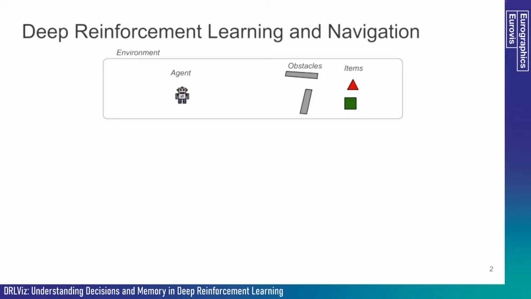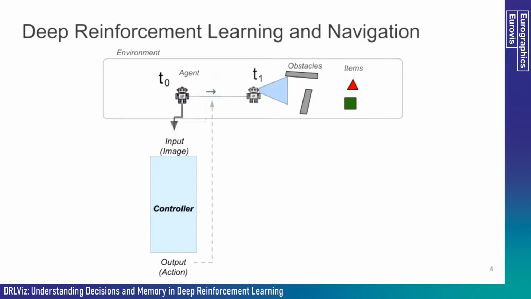In order to be successful, the agent must collect 4 items in a specific order. At each step, the agent must decide on one of its available actions and do it. Such a decision is made by a controller, which uses the agent's field of view as input and outputs an action.